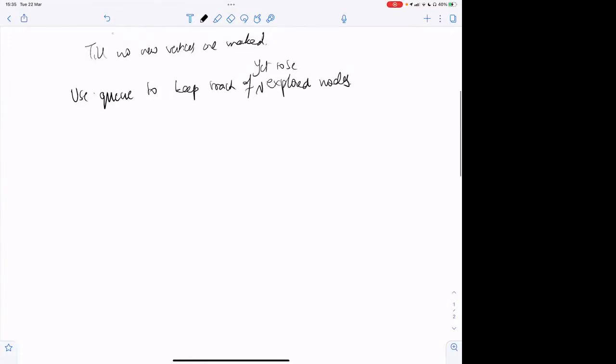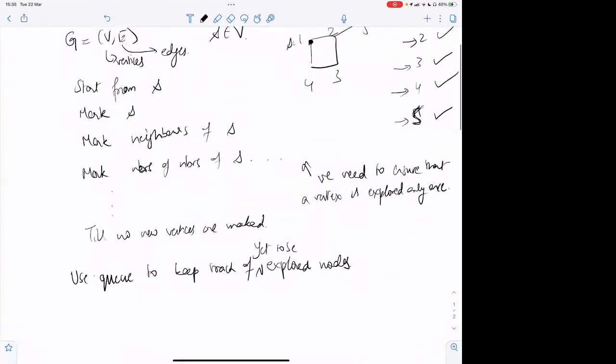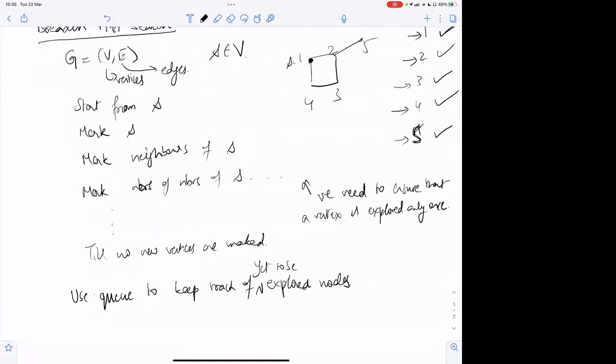What do you use the Q for? So let's take this example again. What you do is you have this Q. So you start from S equal to 1. You put 1 in Q, and you mark 1. Let me put another mark. So I mark 1, and then I go in the loop. And while there are things to be explored, which I find out by looking at the queue, I take something out from the queue. So I take this out from the queue.